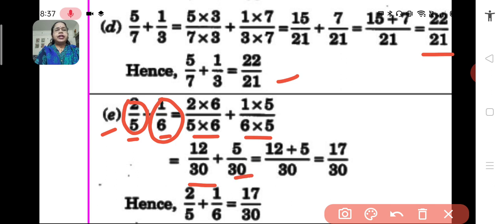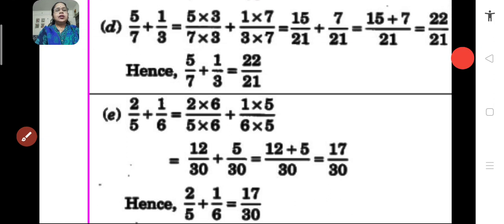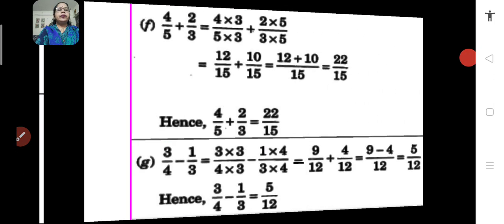Two equivalent fractions with the same denominator. Now, we can add them easily. The denominator becomes 30, the common denominator, and we add the numerators 12 and 5. What do we get? We get 17 upon 30. So, when we add 2 upon 5 and 1 upon 6, we get 17 upon 30.